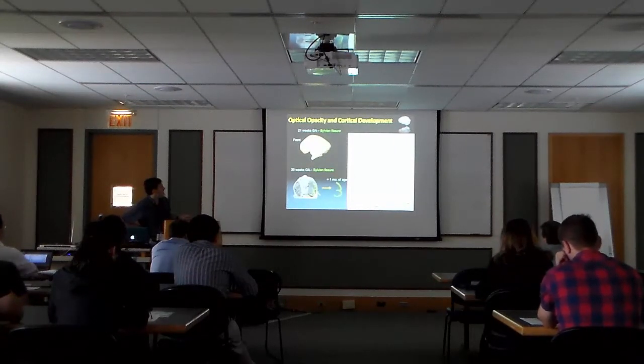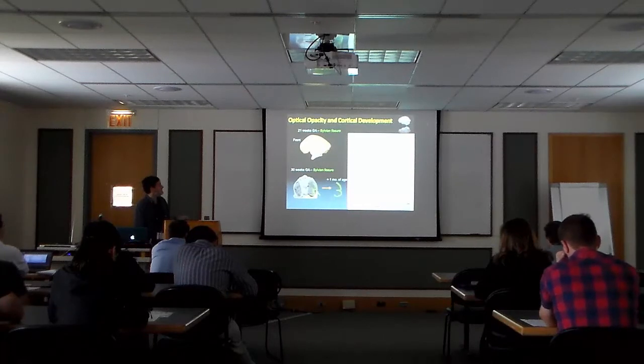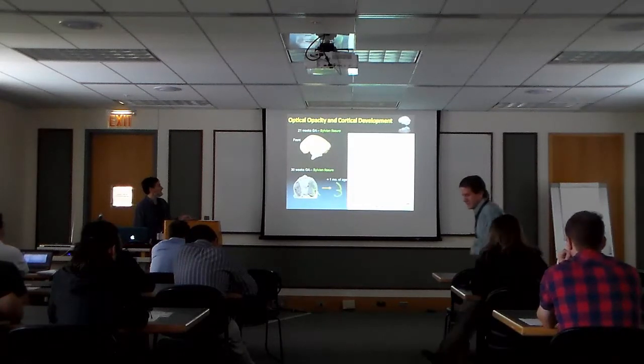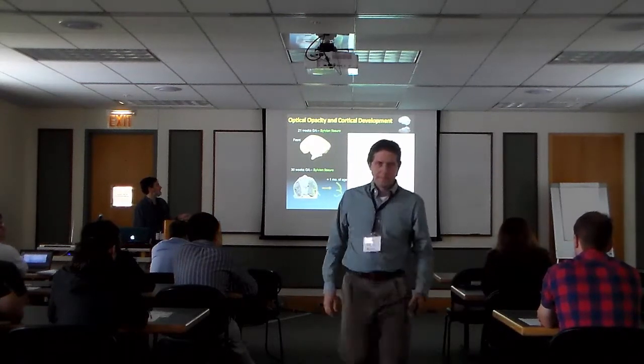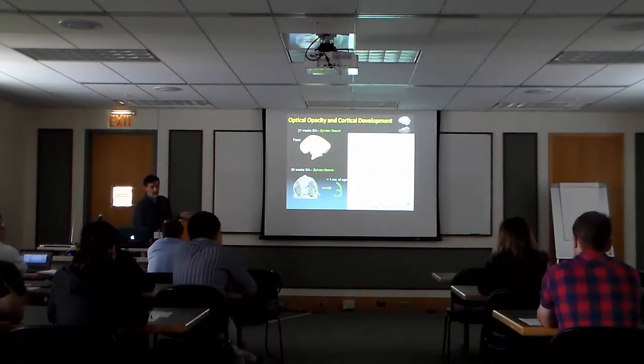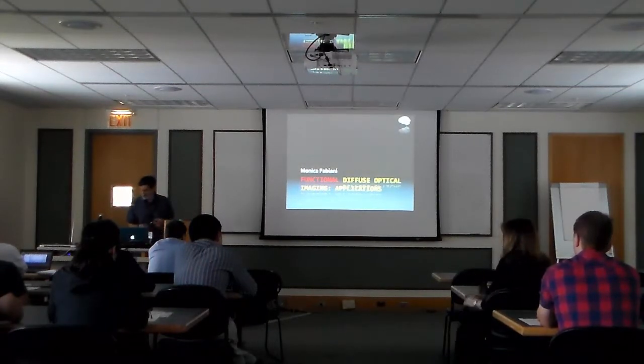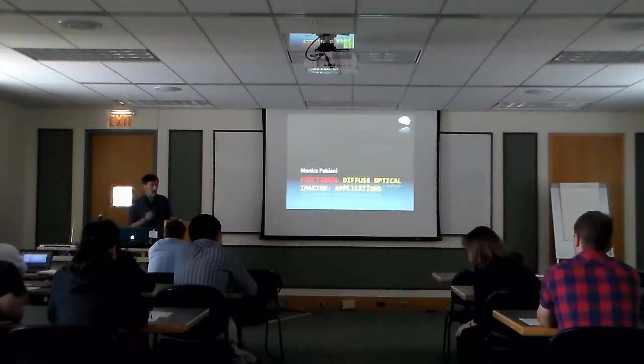If you look at premature infants of various gestational age or various weight, you'll find that as they grow, their opacity in the brain, in particular in this area, goes up, mostly because of the elimination of this structure, this hole, where there is a lot of cerebrospinal fluid. In fact, we find that this is a very good measure of brain maturation for these particular infants.